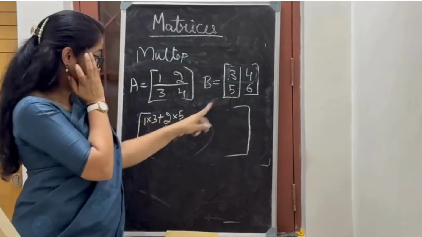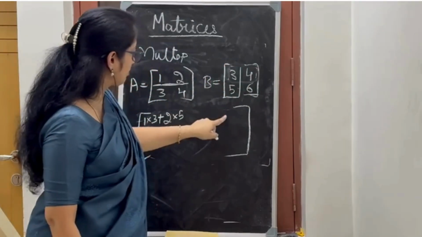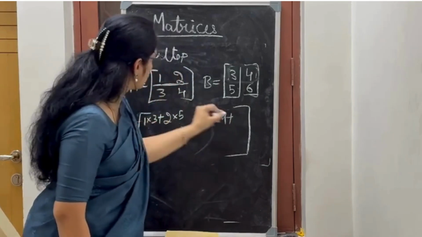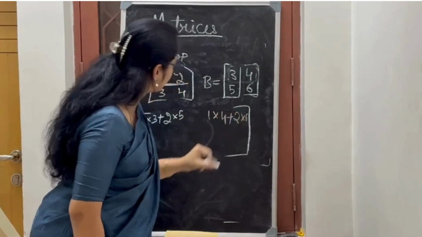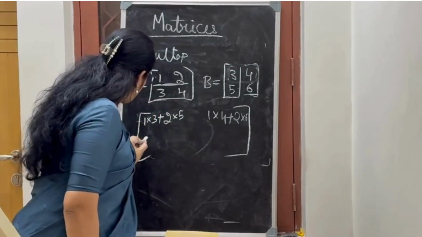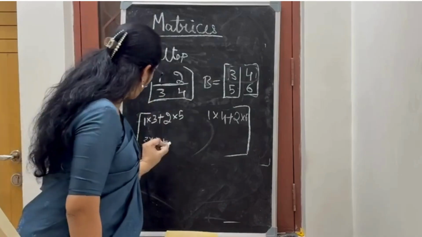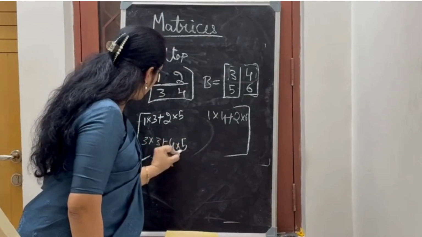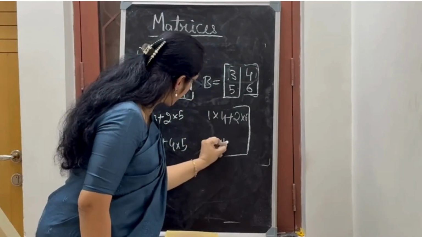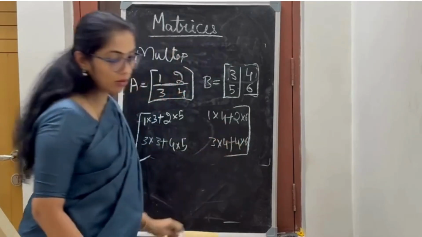First row, first column is my first number. Then first row, second column will be my second number: 1 into 4 plus 2 into 6. Okay, then second row, first column, that is 3 into 3 plus 4 into 5. Then 3 into 4 plus 4 into 6. Please concentrate and listen properly.